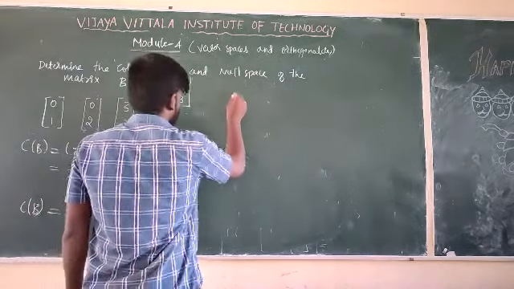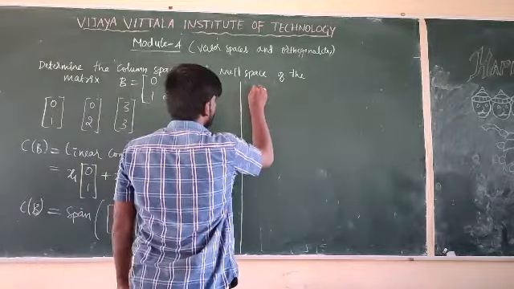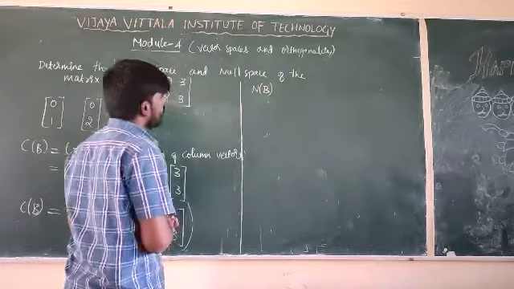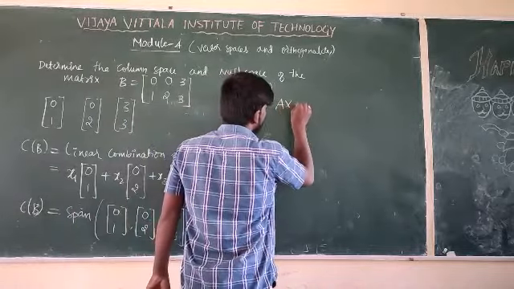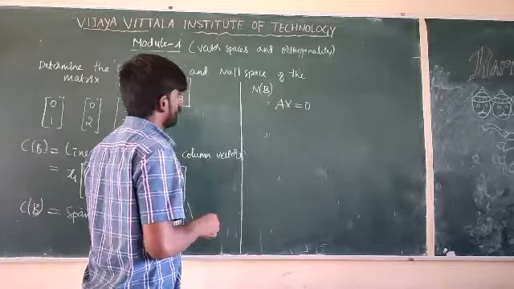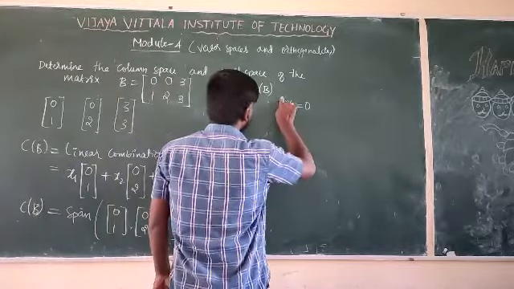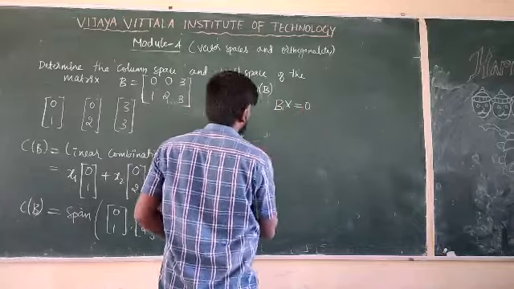Next we will find the null space. Null space, which is denoted by N of B, is the solution of Bx equals 0.